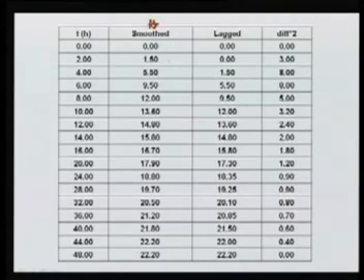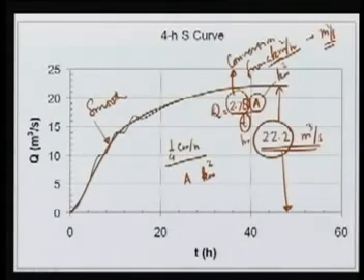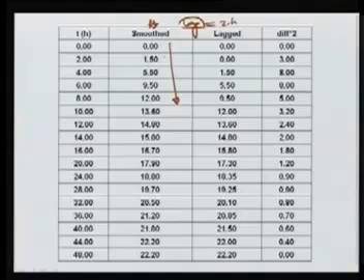So for example, here we have listed the ordinates after smoothing the curve, and then we lag it by the required amount. In this case we want a 2-hour hydrograph, so the lag is 2 hours. That means that once we get this smooth S curve from this figure, we get the ordinates and then we shift everything by 2 hours. So we can see here everything is shifted by 2 hours.